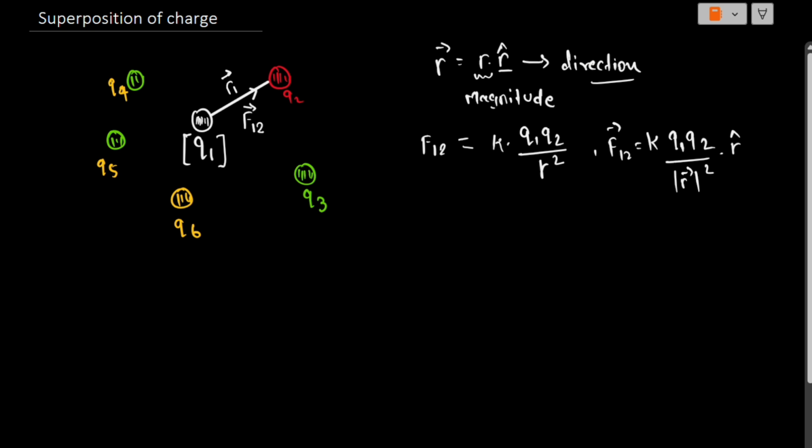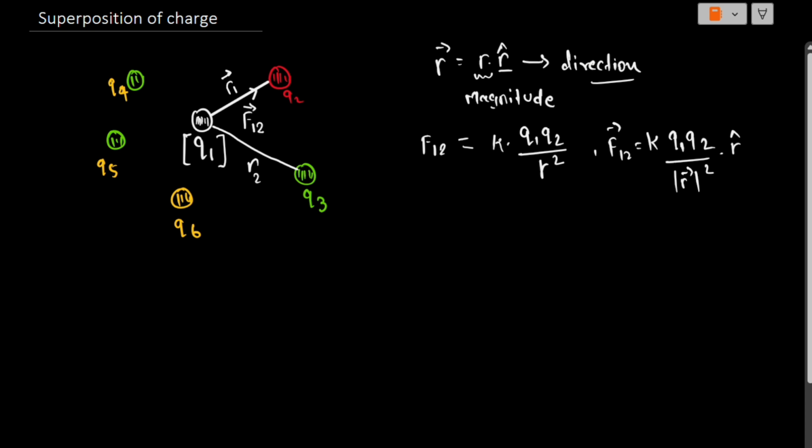Now there's not only one charge, there are so many charges that apply force on this Q1 charge, and that depends on the distance between the Q1 charge and the other charge. So now let's deal with this Q3. The Q3 is separated from the Q1 charge by a distance, let's say R2, right?